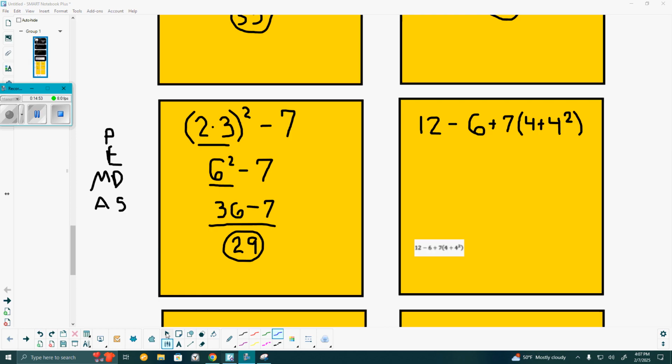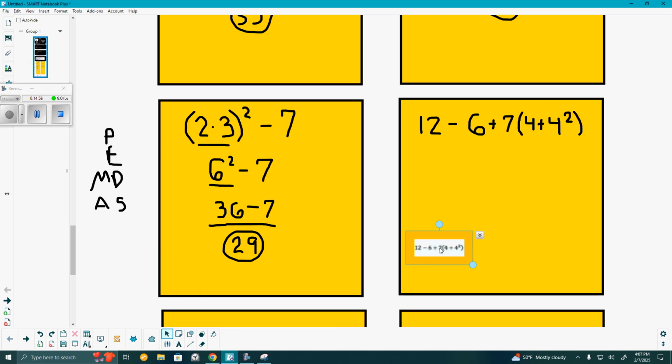Let's do a more difficult problem to better prepare you. We're going to focus on 12 minus 6 plus 7 times 4 plus 4 squared. I know I start with parentheses. Inside of parentheses, you also follow PEMDAS. So I don't have any parentheses inside of here, but I do have exponents. 4 squared means 4 times 4, which is 16.